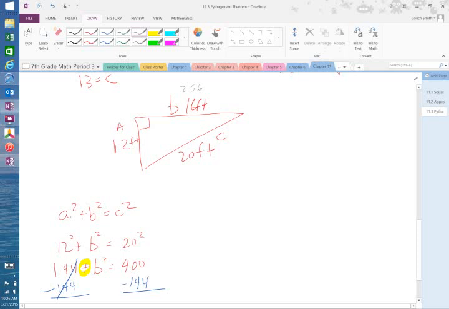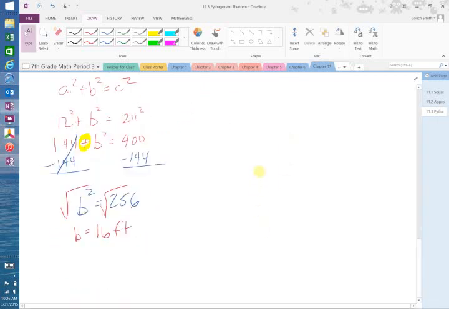The other thing that is true about all triangles: if I add two of the sides, what's 16 plus 12? 28. It'll always be larger than the third side, regardless of which two sides we take. So we need to make sure that is obviously true also. All right, so now a little bit more difficult one.